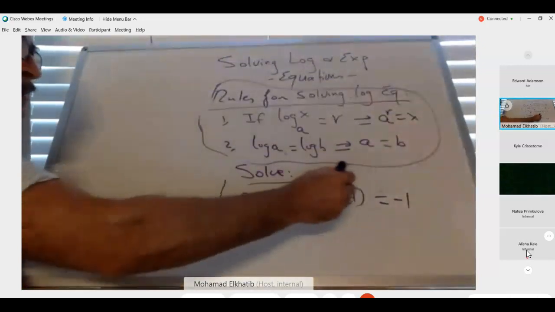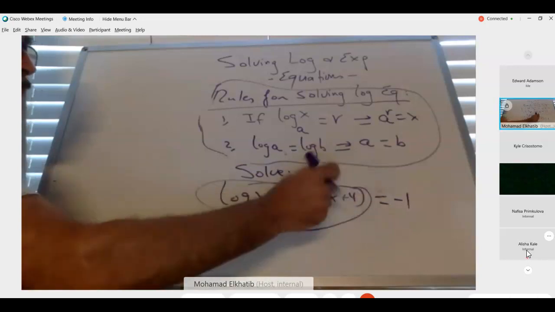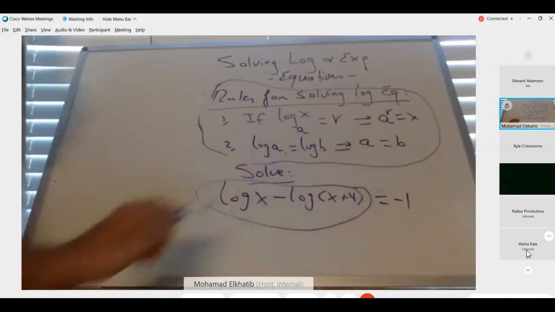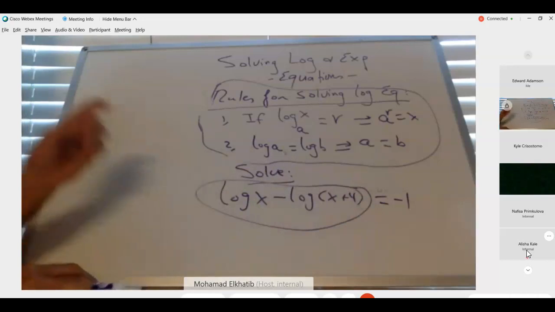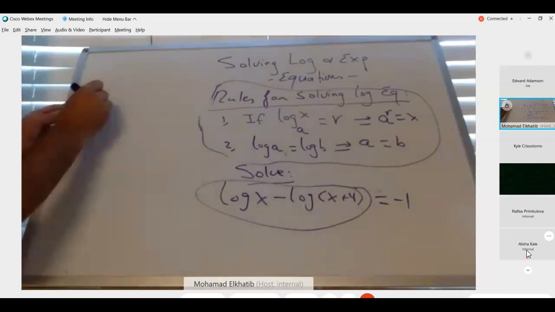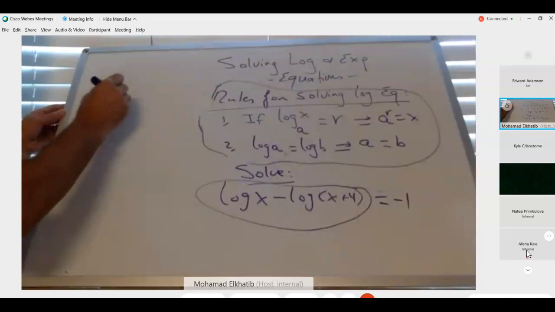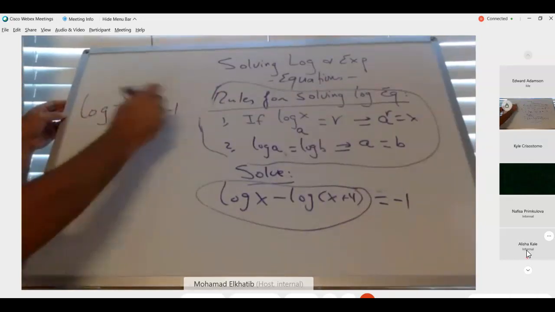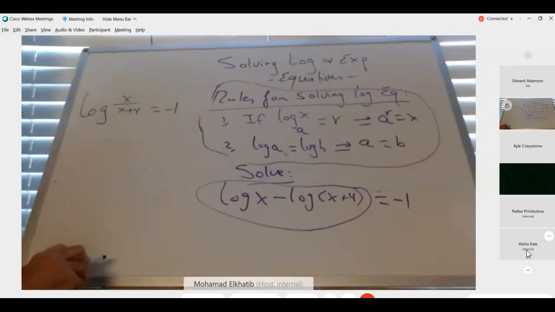You know I have to make a single log over here, right? I cannot have two logs. Does that make sense? But I have subtraction, therefore I divide. Correct?